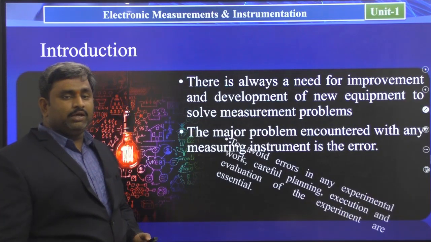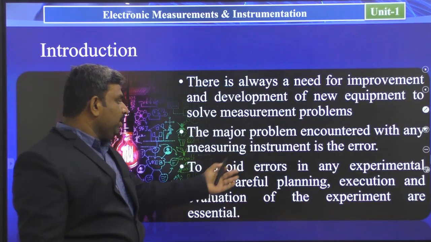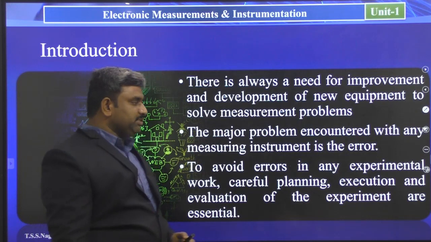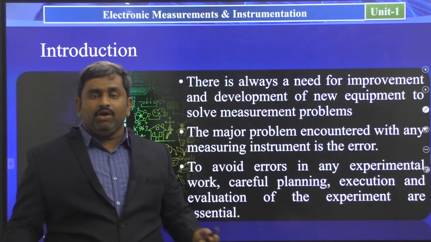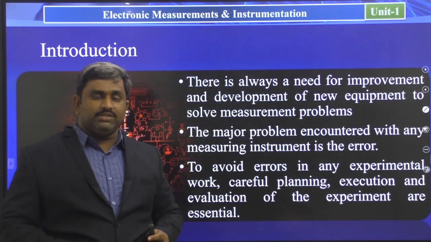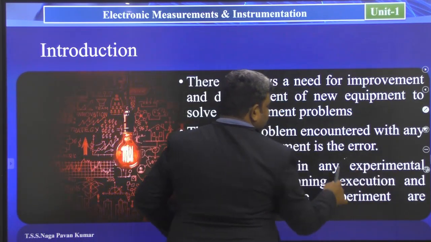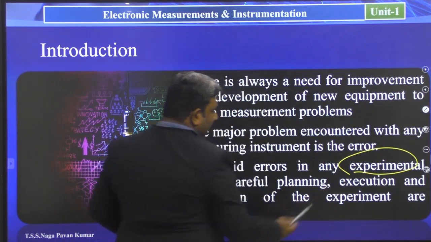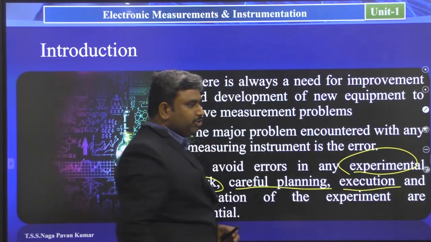Now coming to the third point: to avoid errors in any experimental work, careful planning, execution and evaluation of the experiments are essential. If you want to avoid errors, the experimental work is very important, careful planning is very important, execution is important, and evaluation is important.